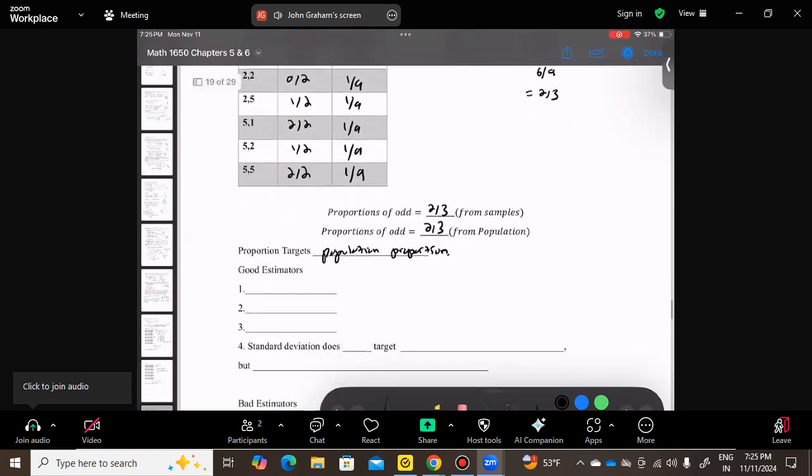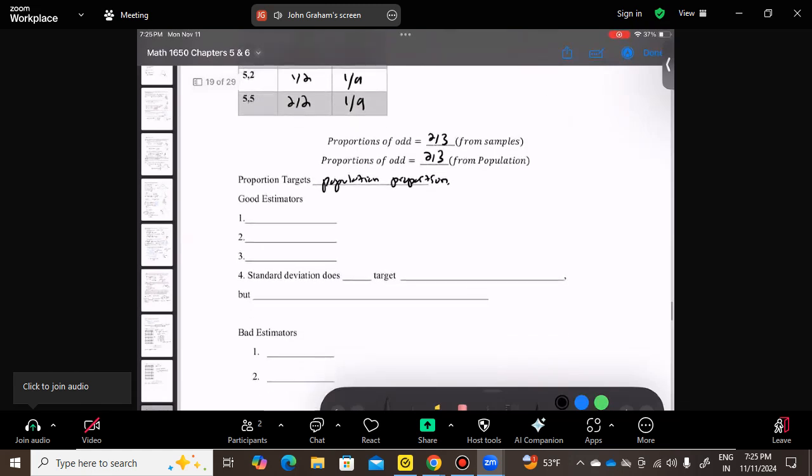Alright, so there are other good estimators and there are some other bad estimators. The good estimators: we've seen the mean, we've seen proportions. Another good estimator is variance. You may do that in your homework. And then the standard deviation does not target the population standard deviation, but the bias is small for large samples.